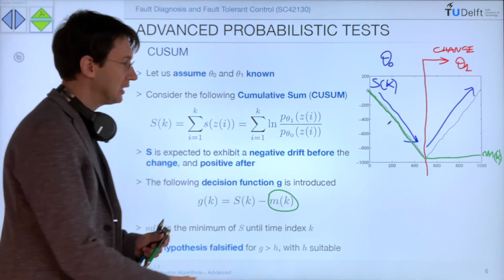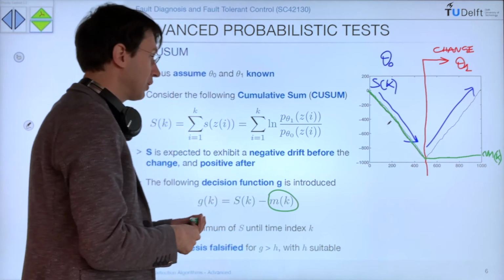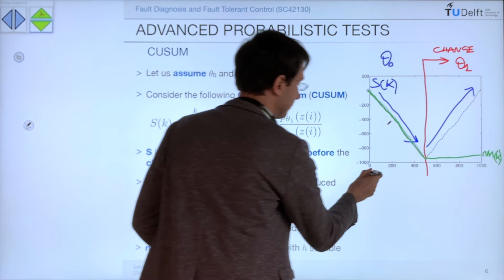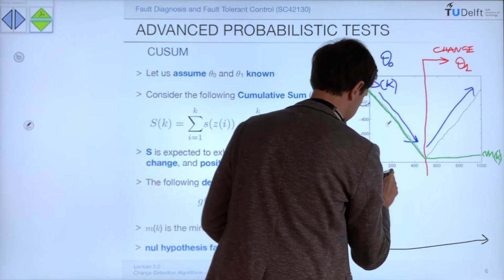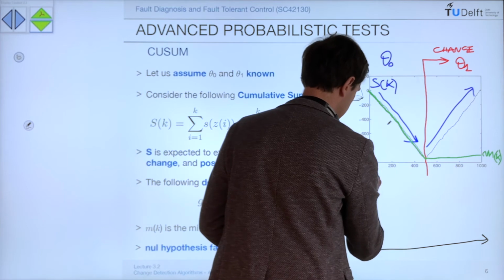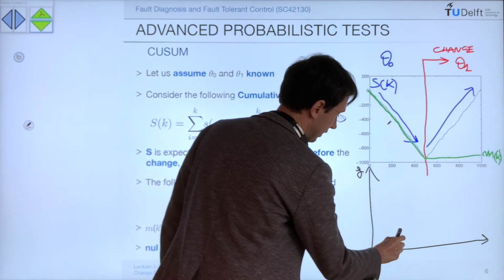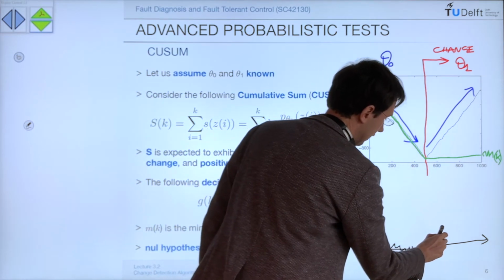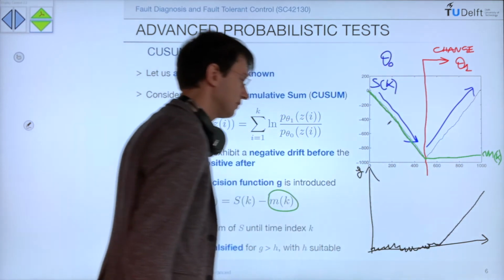So if we look at the difference between S and m, if we look at g, let's make another plot here. g is going to be pretty much small, and then after the change, it is increasing.